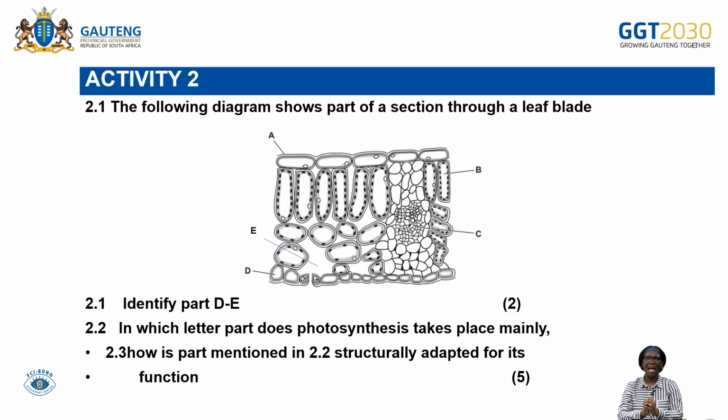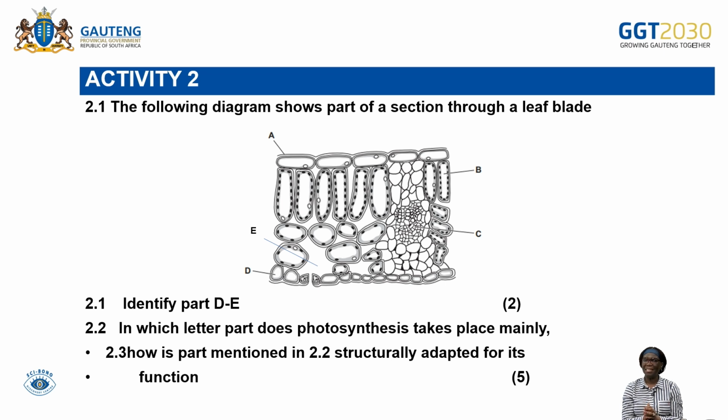And 2.3. How is the part mentioned in 2.2 structurally adapted for its function? This one is a little bit tricky. By the way, what is the name of the part in 2.2, the part in which photosynthesis takes place mainly?